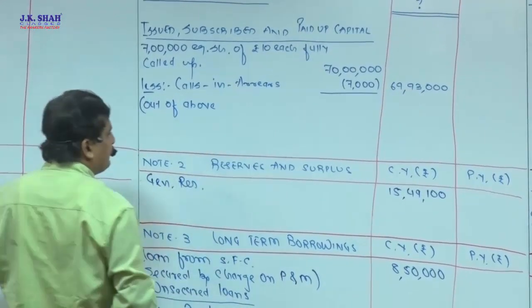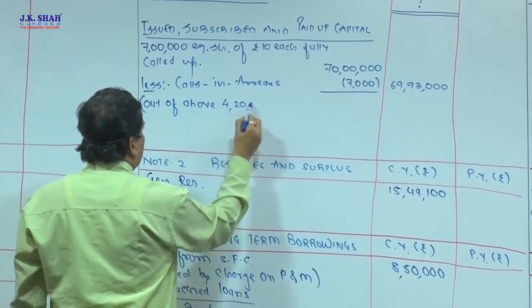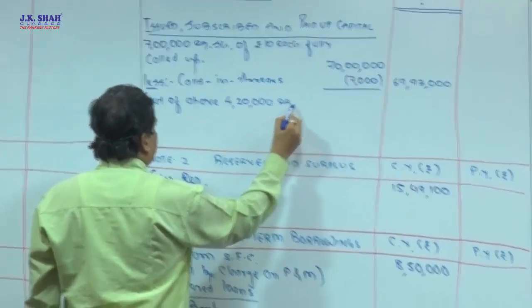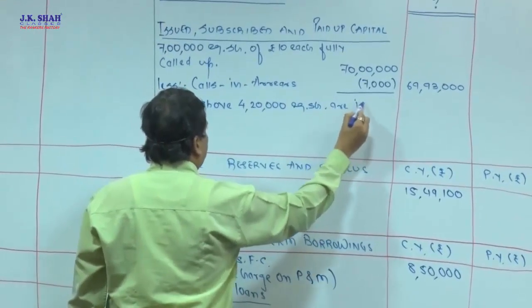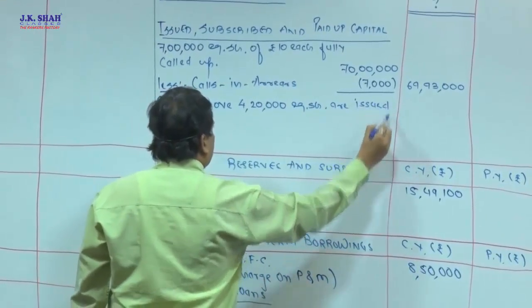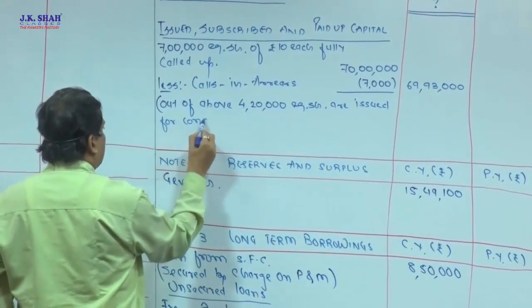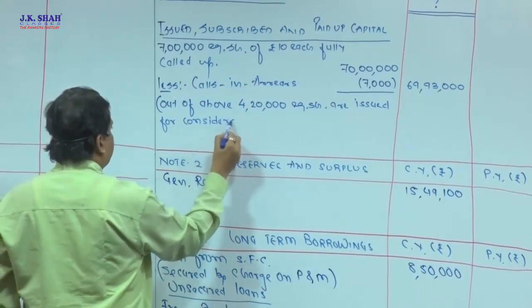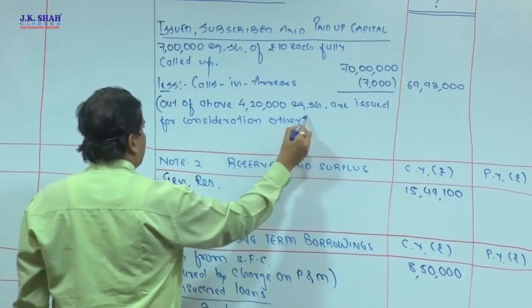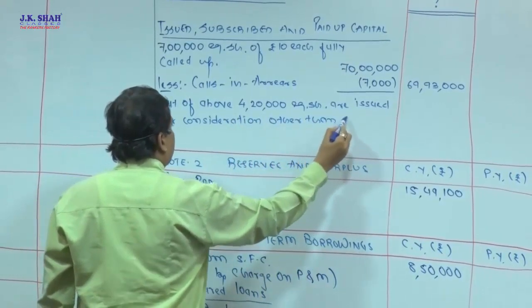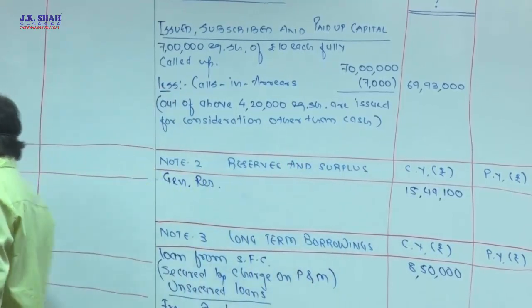Out of above, 4,20,000 equity shares are issued for consideration other than cash.